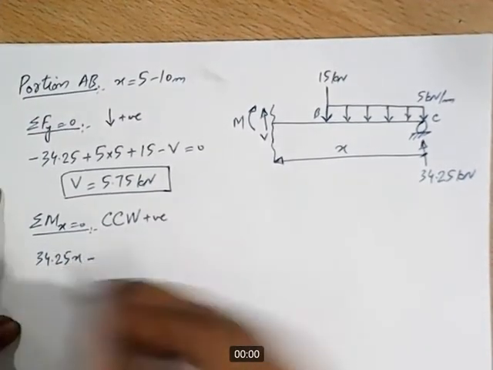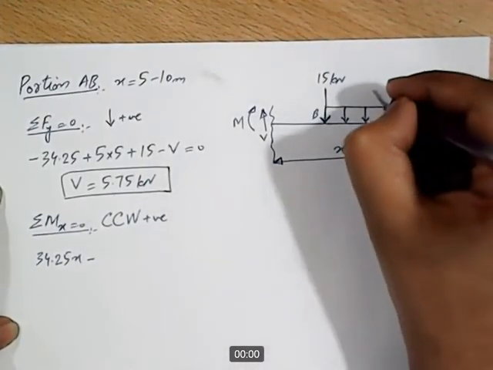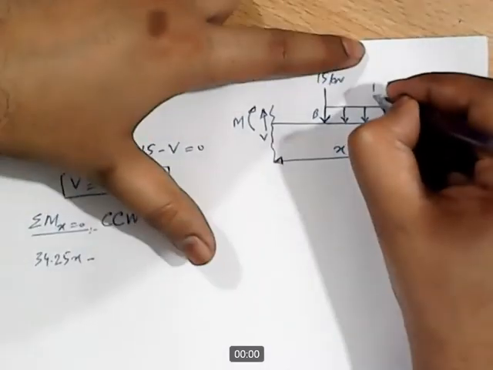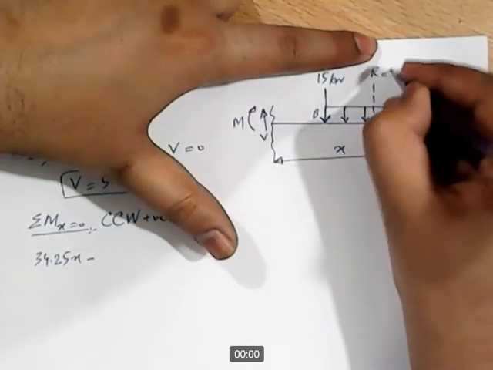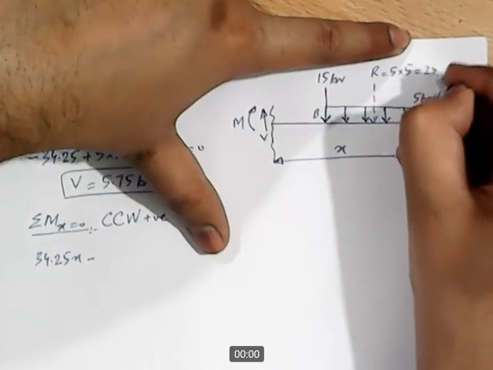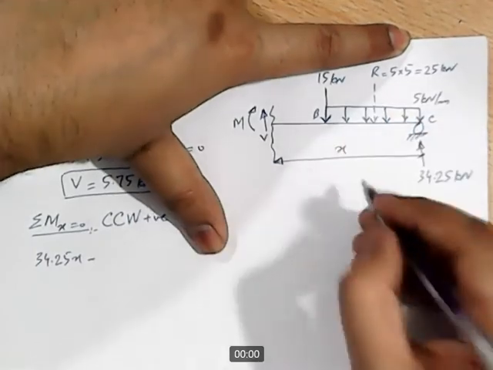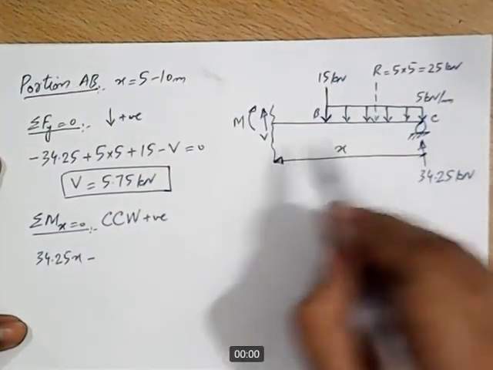Then the resultant of this UDL will act at the center of the rectangle, somewhere over here. This is the resultant: 5 into 5 equal to 25 kilonewton. And how much is the distance between this resultant and the section?